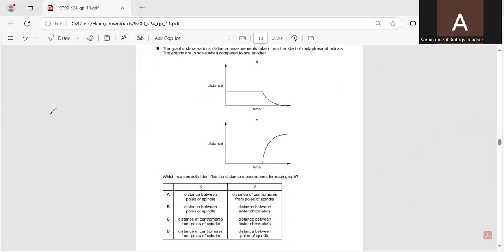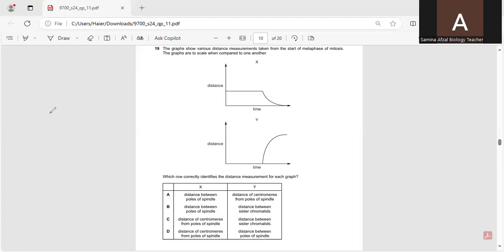So, distance against time. First there is an equal distance and the distance is decreasing, but in this case the distance is increasing, then it becomes equal. Looking at the distance between poles of the spindle, this is not the correct option, because between the poles the distance is not decreasing.